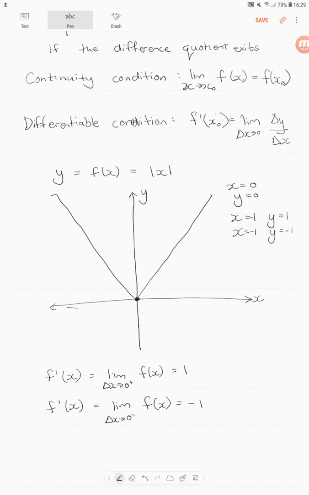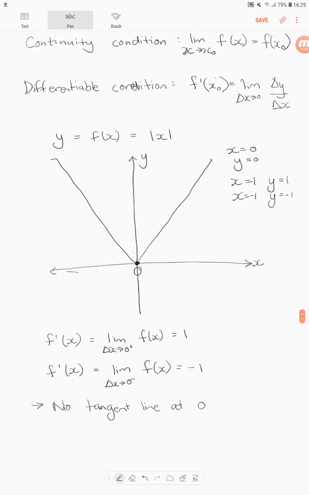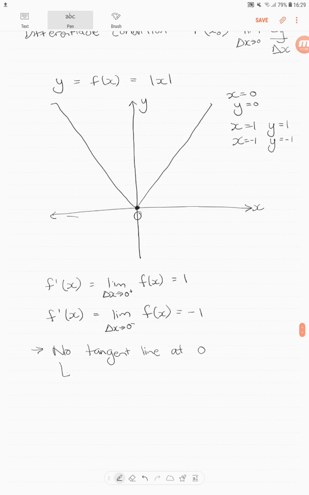What happens at 0, we're not sure. There's no tangent line at 0. And because there's no tangent line, the function is not differentiable.